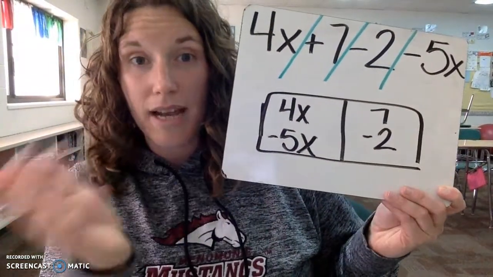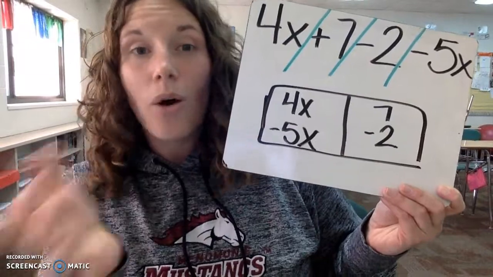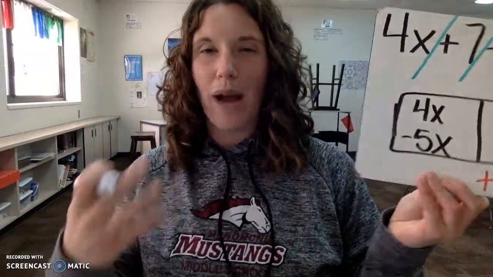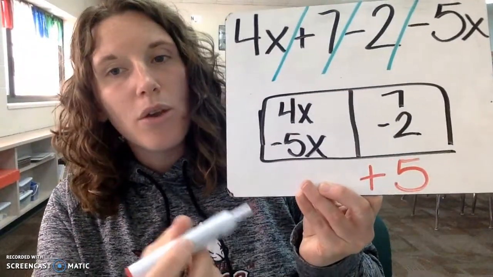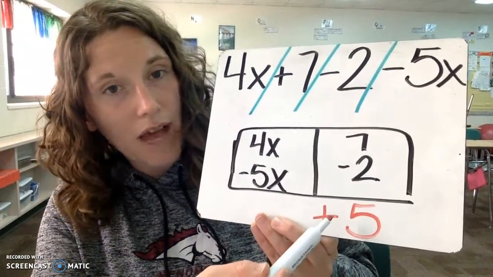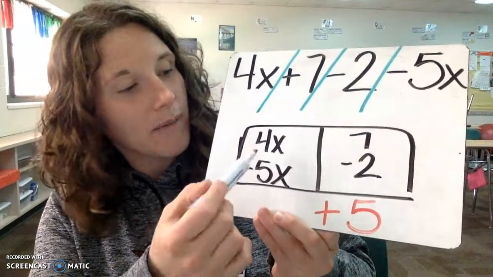So 7 plus a negative 2, we're combining this together, same as 7 minus 2. 7 minus 2, 5. And that's a positive 5. So I can even write plus 5 here. I can get ready for that answer. So since there are more positives than negatives, this is a positive 5. Positive 5 is my answer.